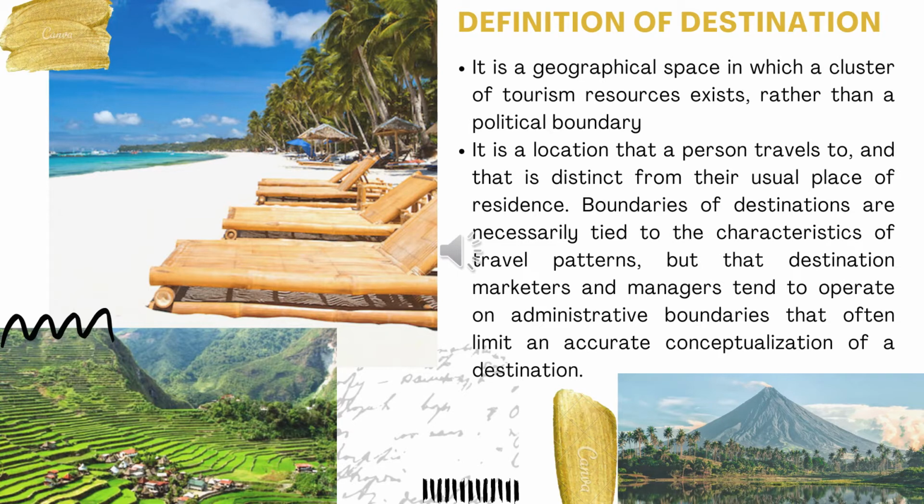Okay? So if you will travel, di ba, ang gusto mo is you will go to a place which you've never been before. It's really different from your place of origin because you want to experience extraordinary things that you are not normally experiencing from your place of origin.